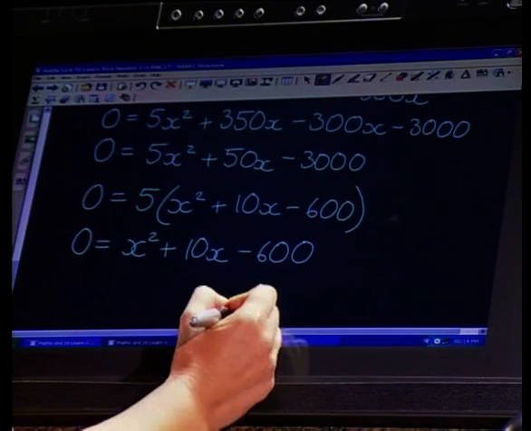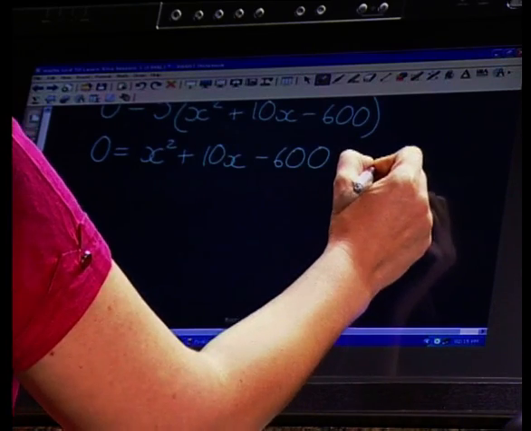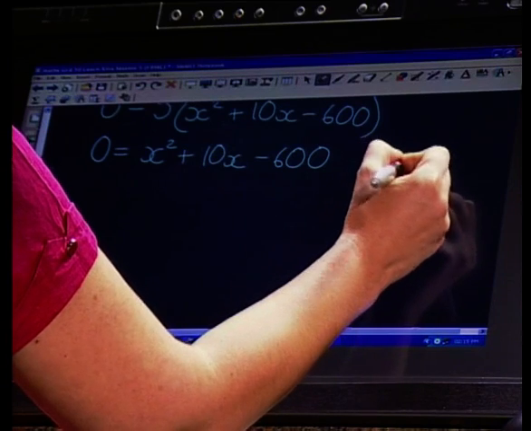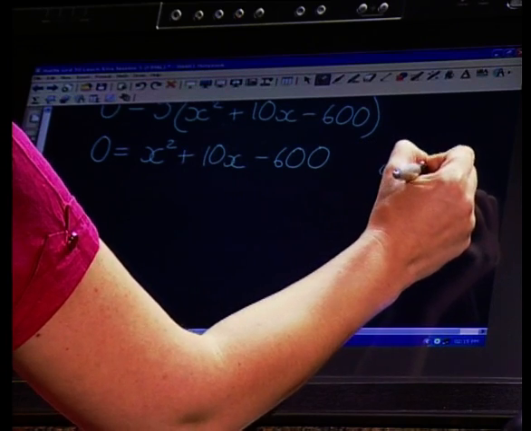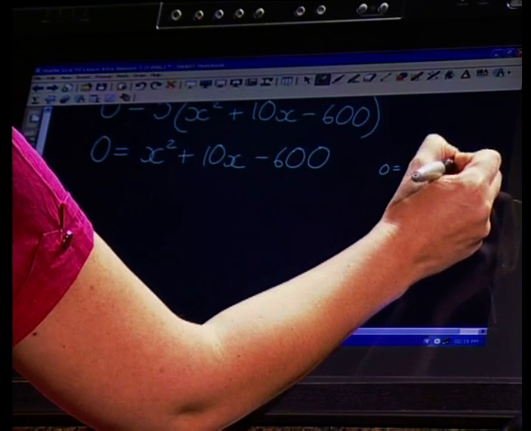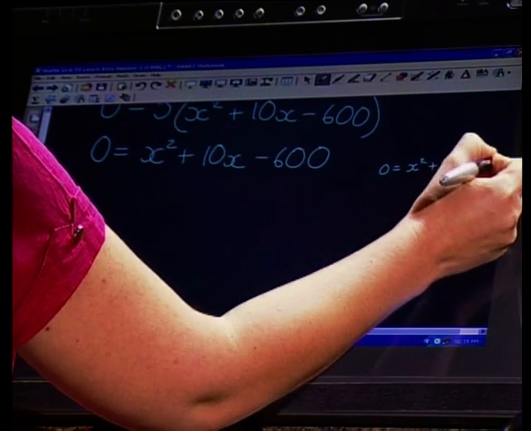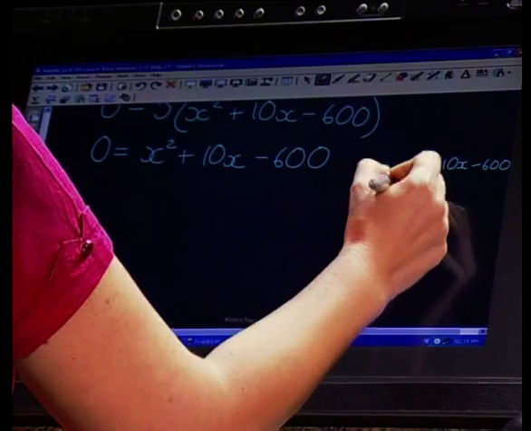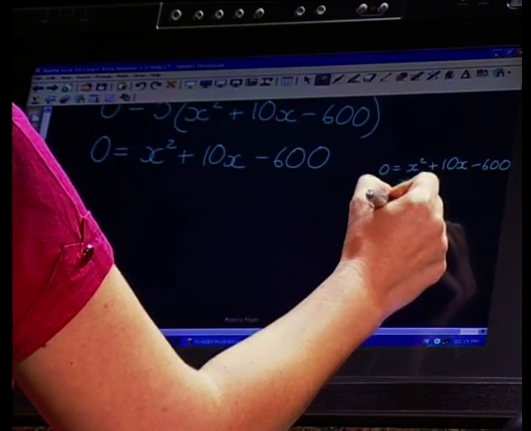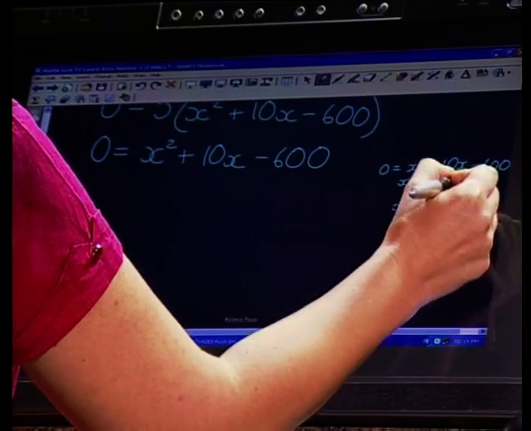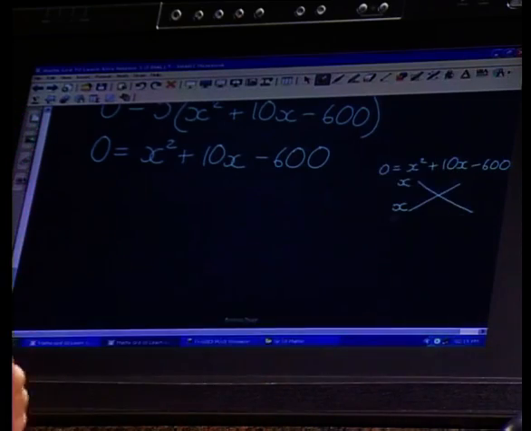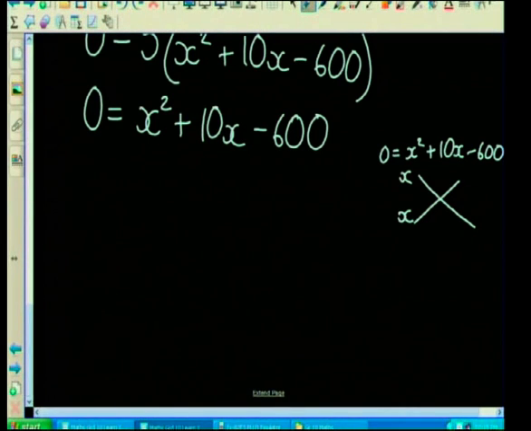We're now going to do trinomial calculations. I'll do it very small on the side to find out what our brackets are going to be. Well, x is easy. x squared just becomes x and x. What does minus 600 become? Well, 60 times 10 can give us 600.